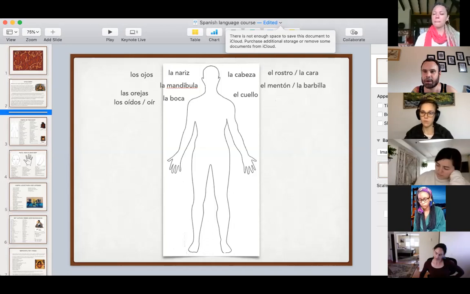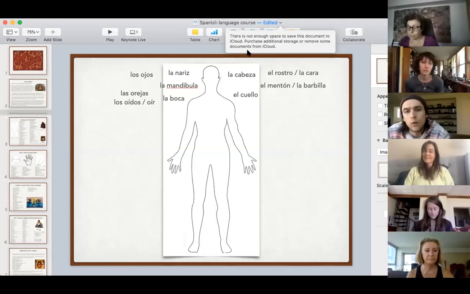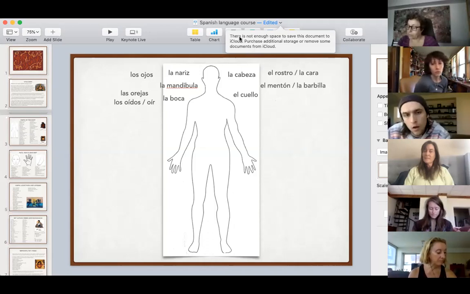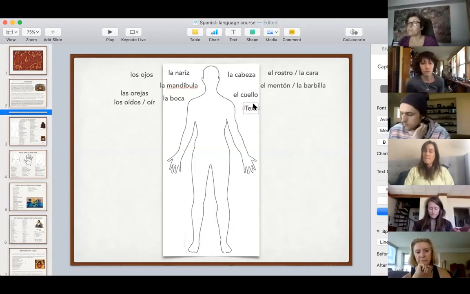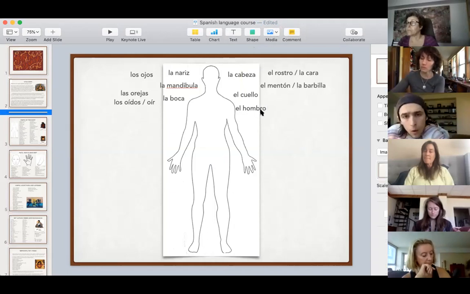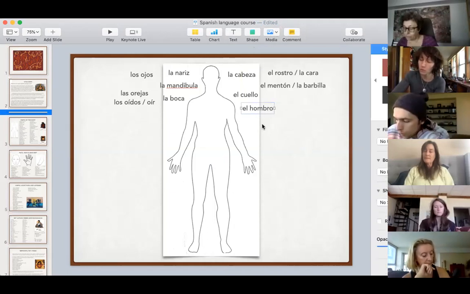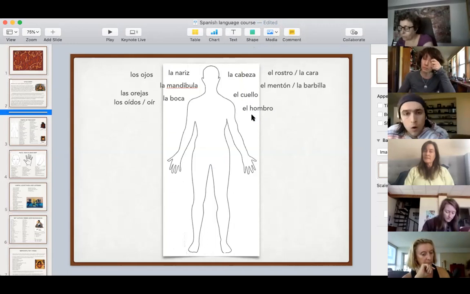Great. Okay, moving down the body. What about words for the shoulders and chest? Hombros. Good. Los hombros, or el hombro, is your shoulder. Notice that the word starts with an H, but the H is silent. El hombro. We don't hear that H at all.